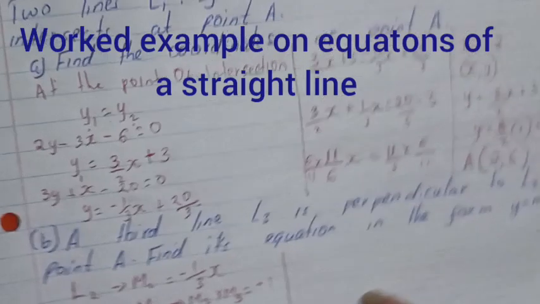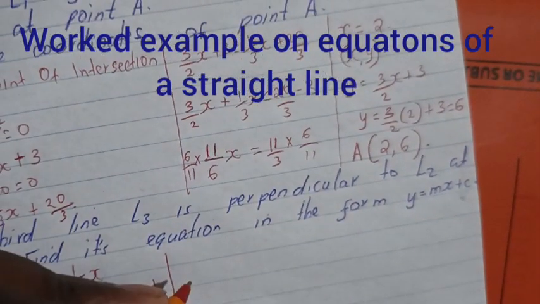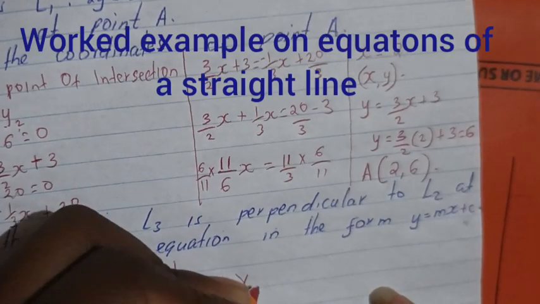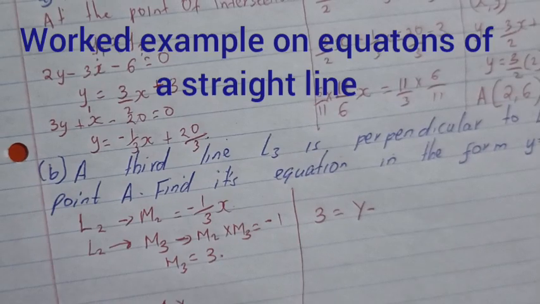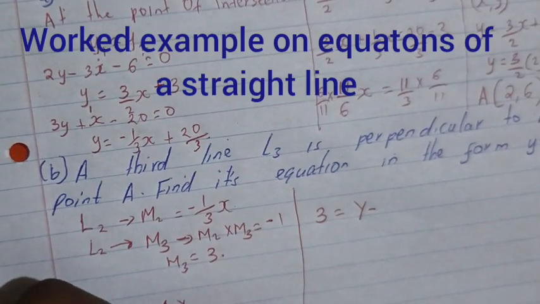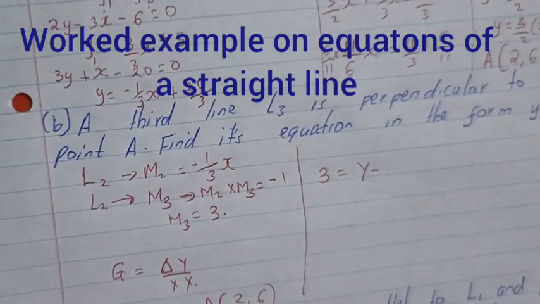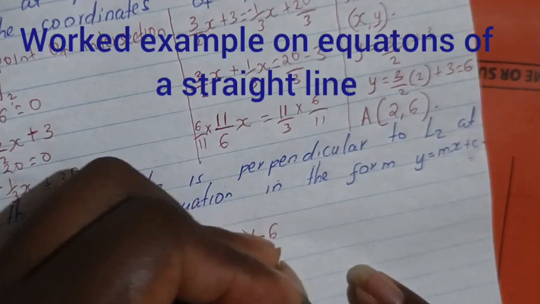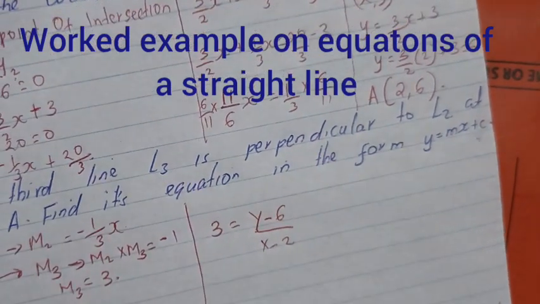With that, we know that the change in y over the change in x, that is 3, is equal to y minus the value of y at point A, because now we have the gradient is equal to 3 and A is (2, 6). We need to use this gradient and the point to get the equation. Therefore, (y minus 6) over (x minus 2) should give us the gradient 3.